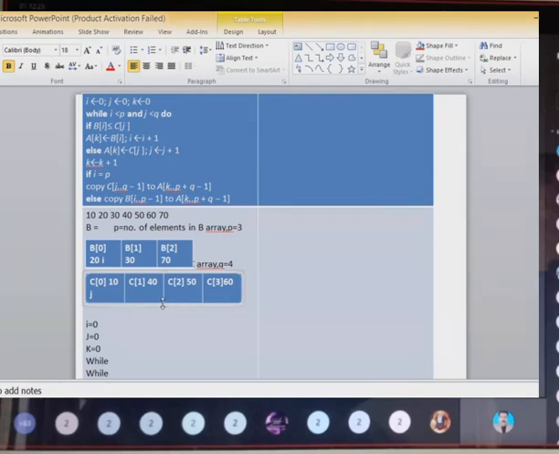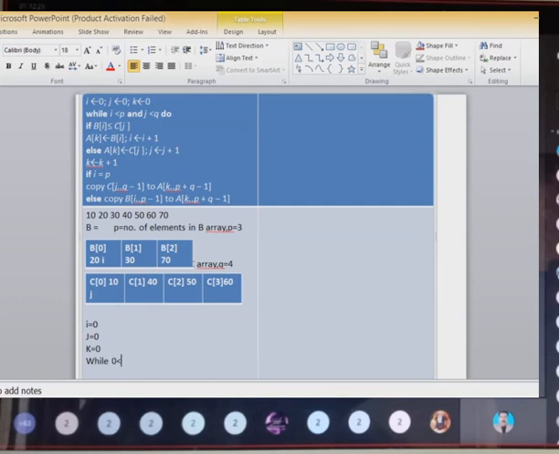I equivalent to 0, J equivalent to 0, K equivalent to 0, right? While, in the pseudocode, I less than P. I is 0, initially I is in 0th index.